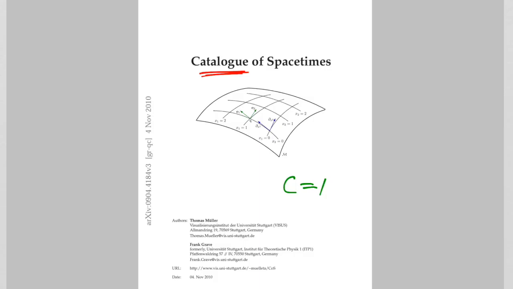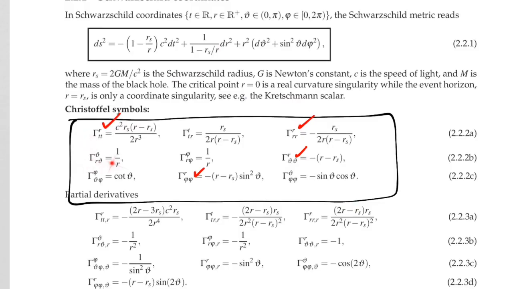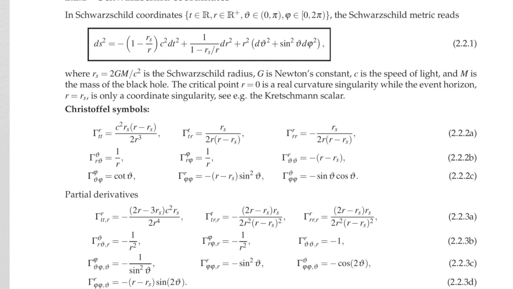So we go back to our catalog, and I see one here. And we see this one here is non-zero. That's good. And this one here is non-zero. So this is going to be a little simpler than the last one. We're only going to have 2 thetas that survive.